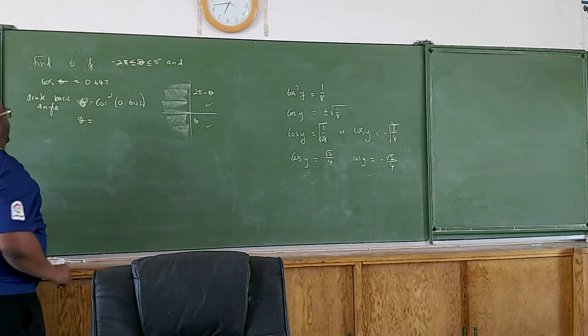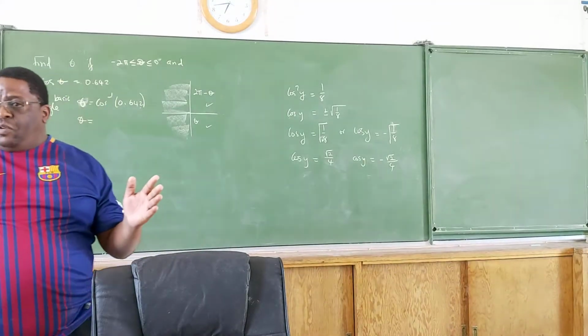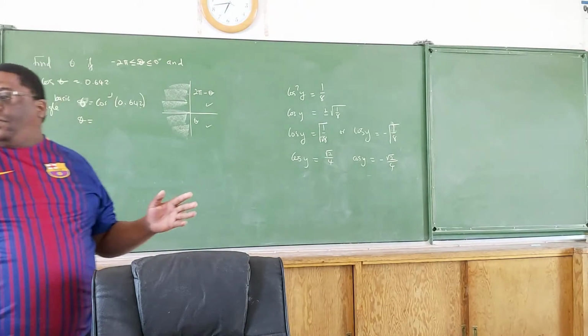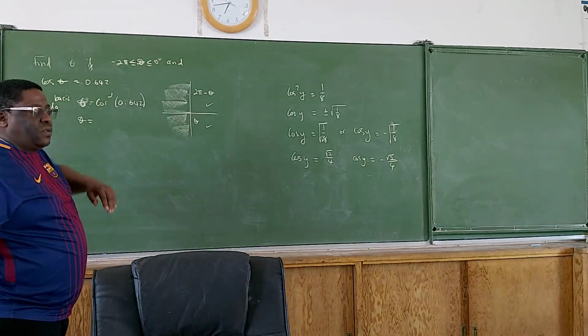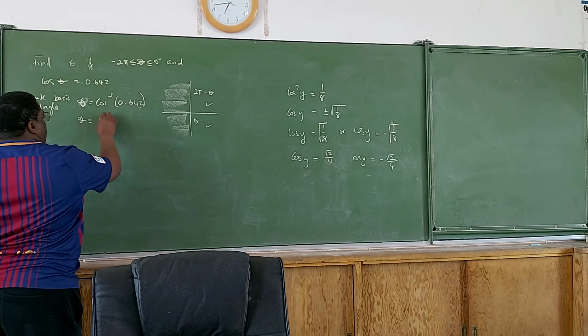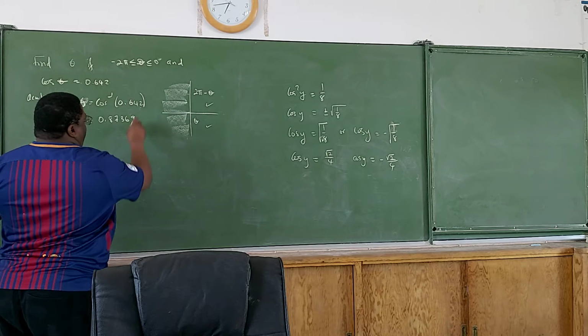What is that angle? Your calculator better be in radian mode, please make sure. Give me 4 decimal places, even 5 decimal places, okay? 0.8737 up to there for me is fine.